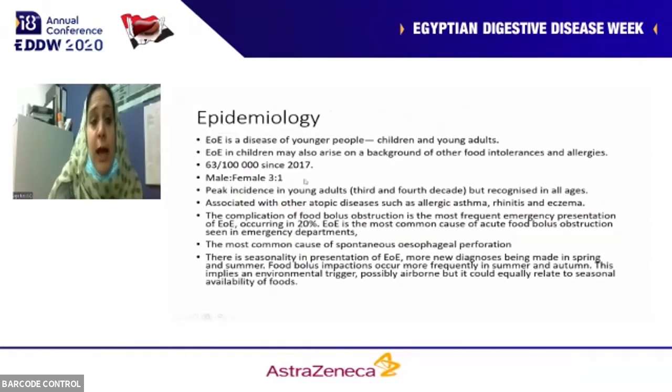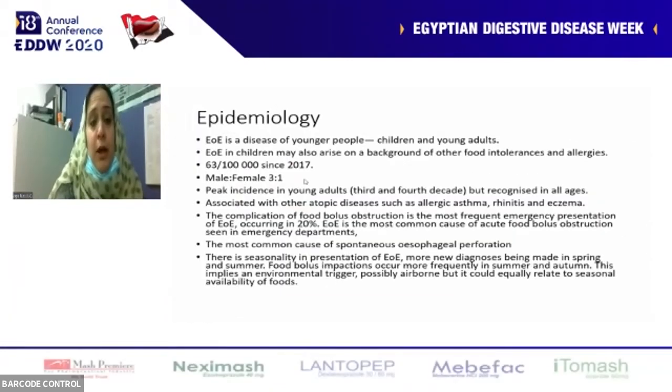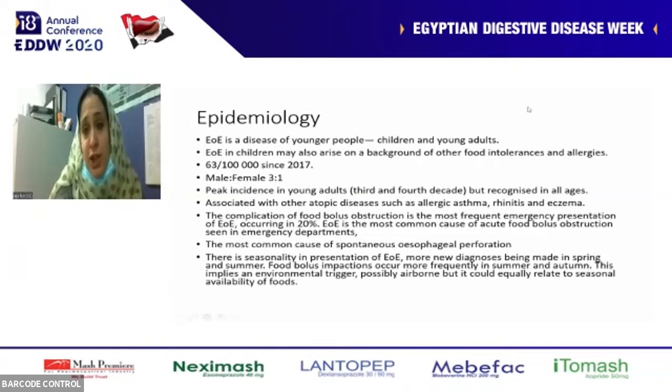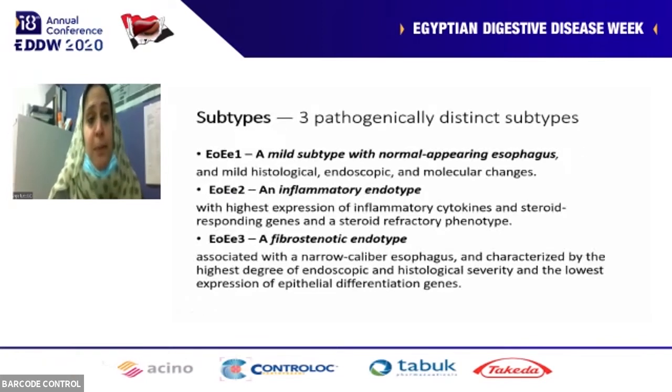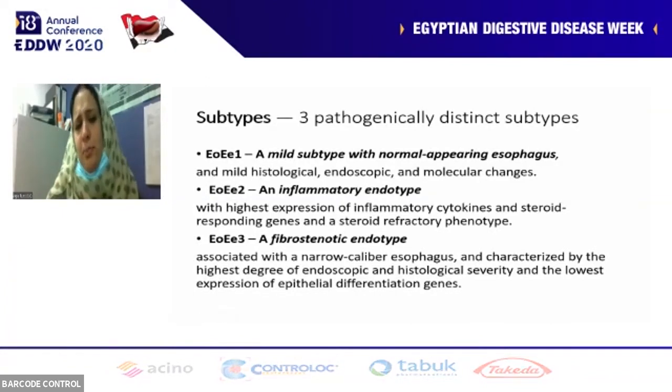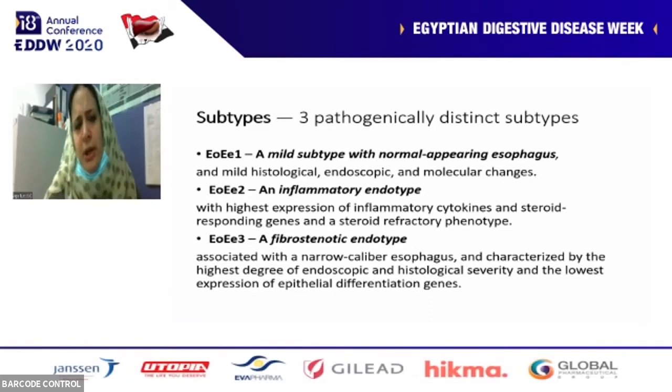Okay, there is seasonal presentation, and this could be because of the seasonal availability of the foods that can trigger it, but also there are environmental factors. Okay, there are subtypes, but I'm not sure how useful it is to know the subtypes. There's a mild type, there's an inflammatory type, and there's a fibrostenotic type, grading from better to worse.